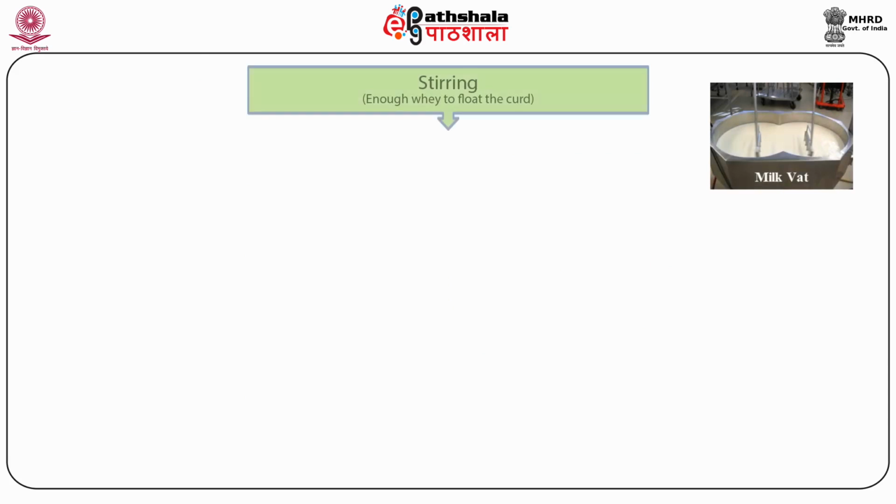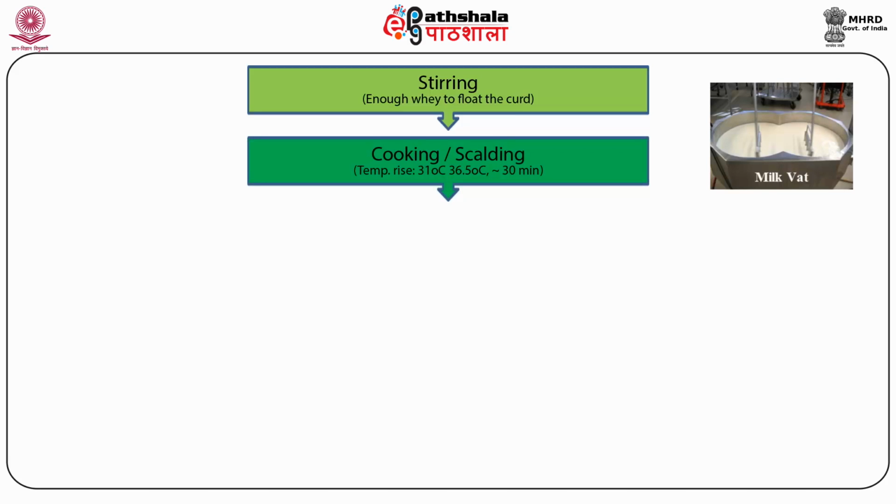The curd is stirred to press out more whey from it. The curd is then cooked and scalded to press out further more whey from it. Then the curd is drained.